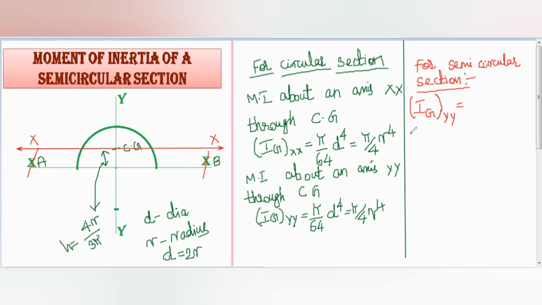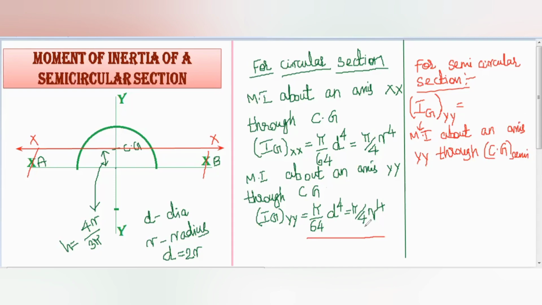Okay, this is moment of inertia about an axis YY or vertical passes through the center of gravity of the semicircle. Okay, now the center of gravity is shifted now. To make some difference, I just mentioned here. That will be, previously it was pi by 64 d power 4 or pi by 4 r power 4 in terms of radius.